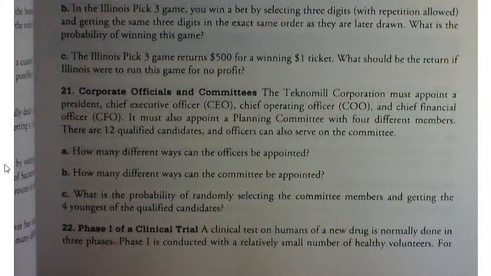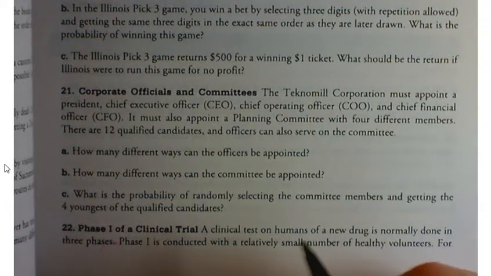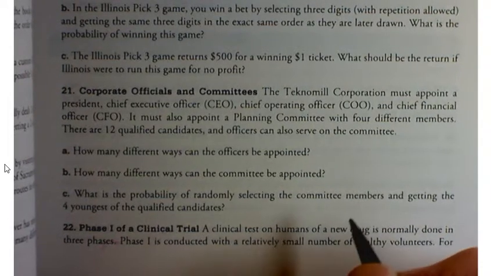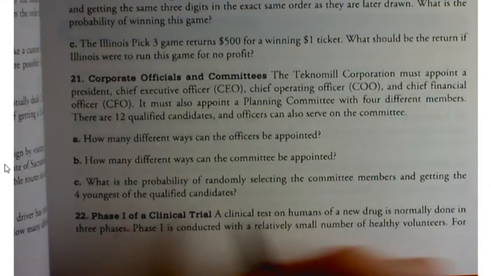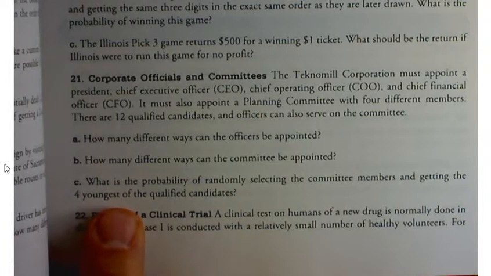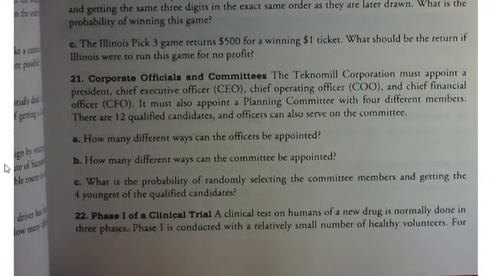It's only one, right? It's only one way you can get exactly the 4 youngest candidates. How many possibilities were there? I'll give you a hint, you just calculated it. Yeah, 495. So 1 divided by 495 for this last one here, problem 21.